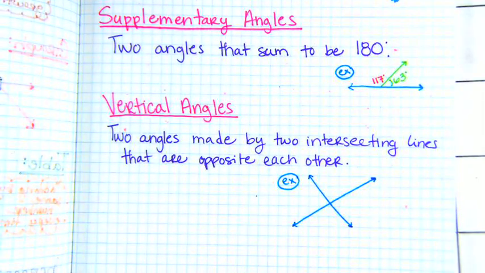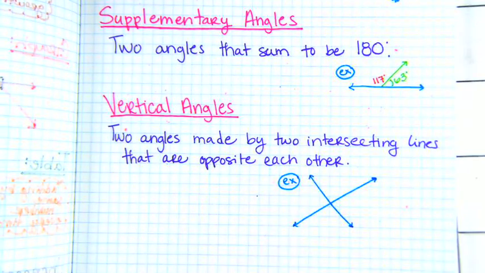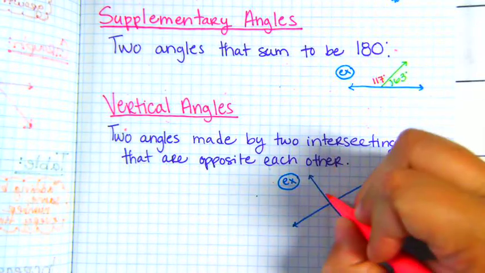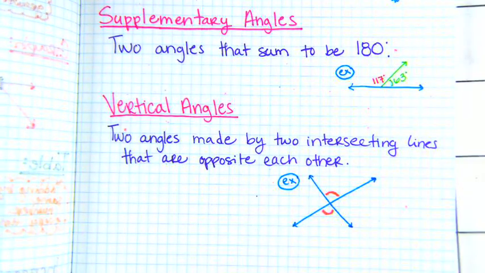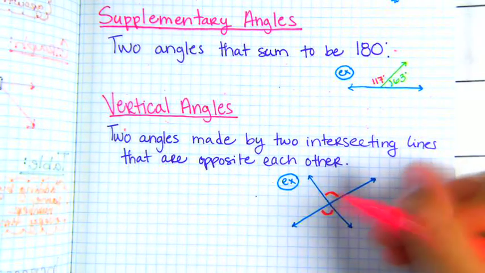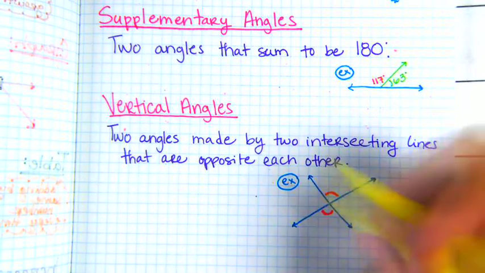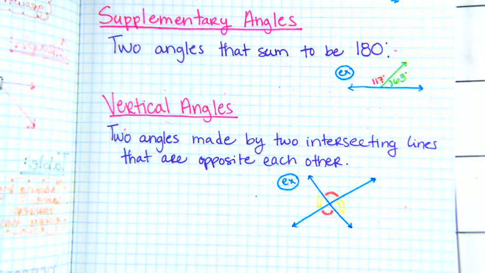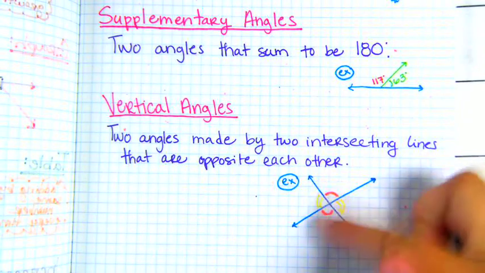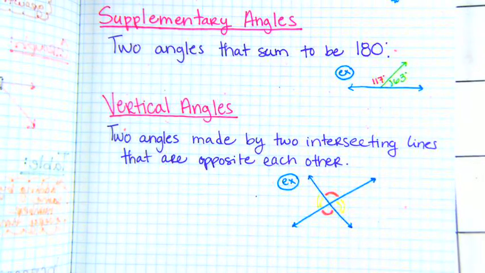And then it's the two angles that are opposite each other. So for example, this angle and this angle are vertical angles because they are opposite each other. And then also this angle and that angle are vertical angles because they're opposite each other. So in that picture, you actually have two sets of vertical angles. You have the pink angles and you have the yellow angles.